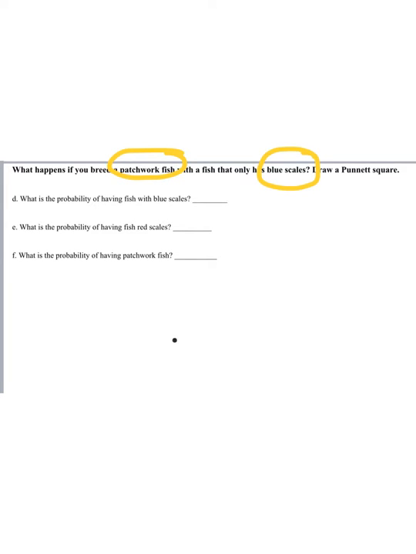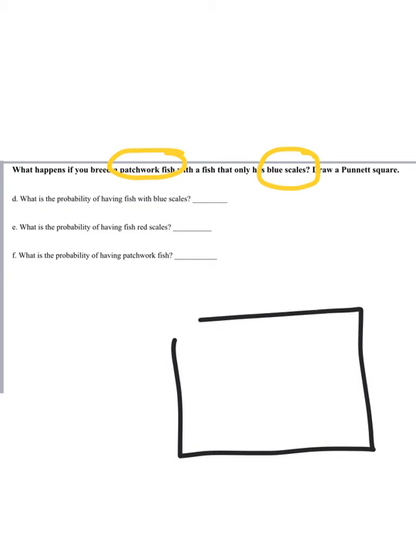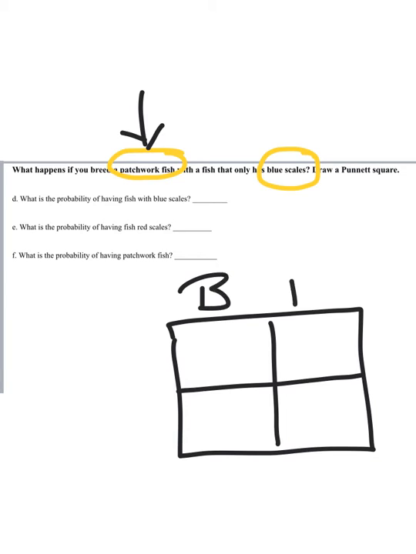So when I draw my Punnett square, I know, now that I've circled it, that I am crossing one that is patchwork. And on the previous slide, we said that patchwork is BR, and I'm crossing that with something with blue scales, and according to the previous slide, that genotype is BB.